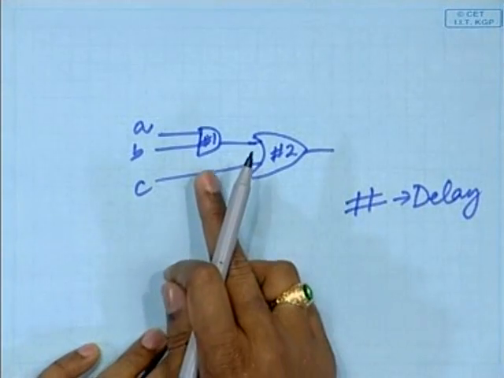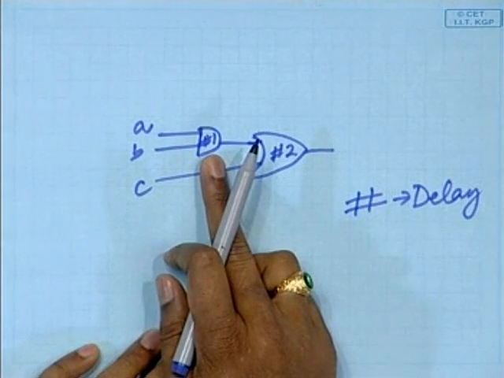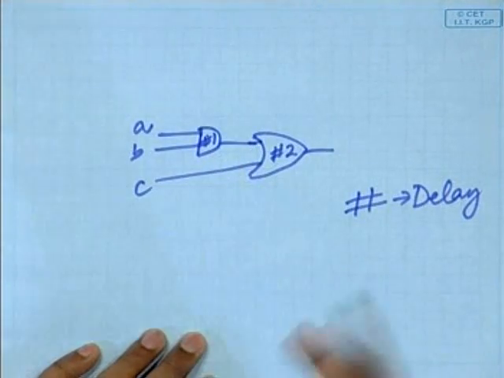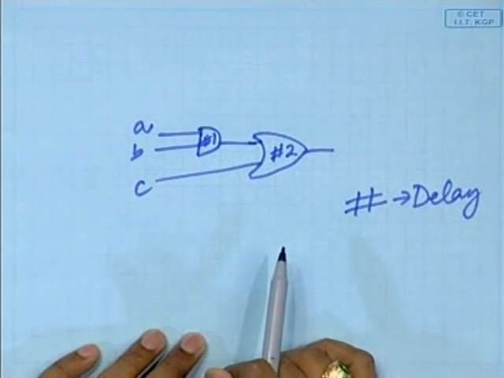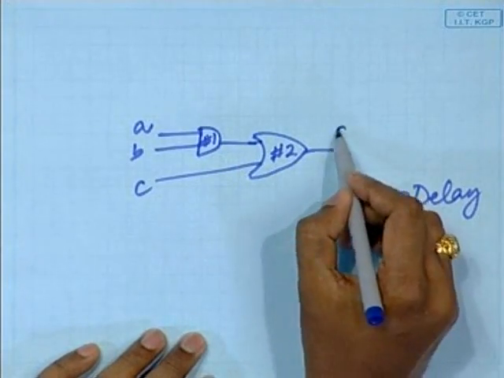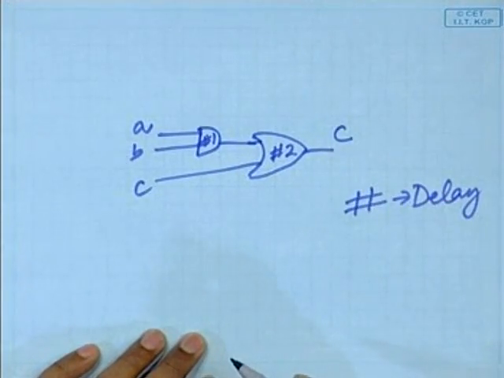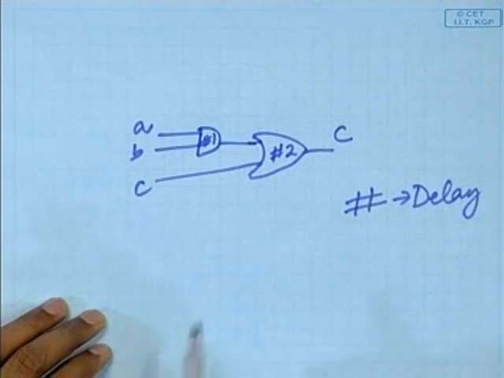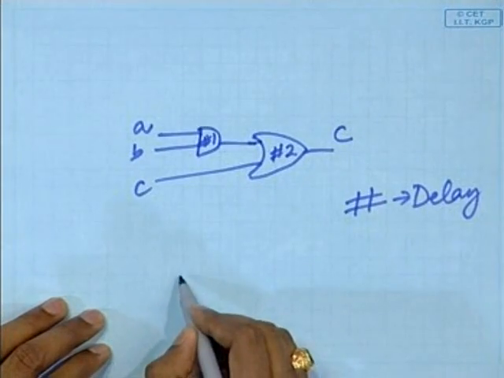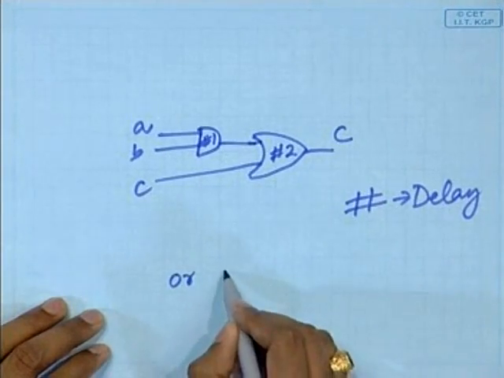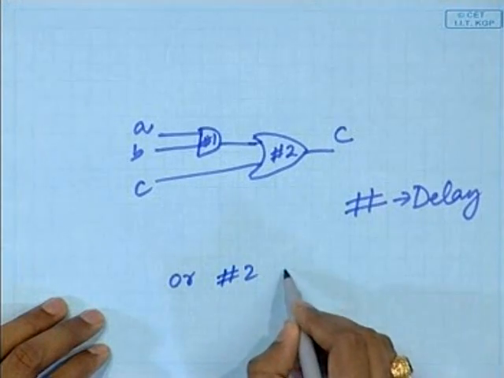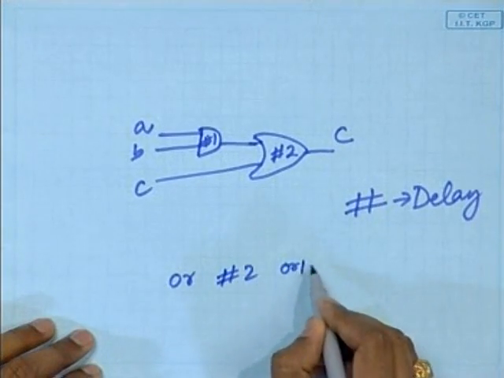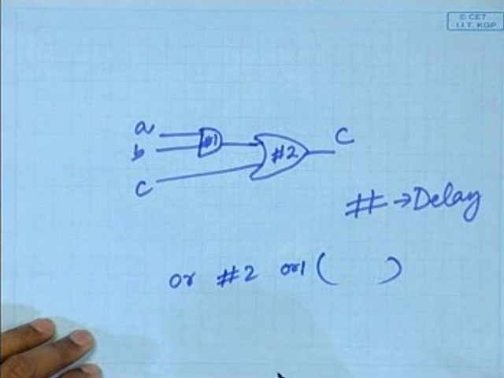Delay of 1. I mean 1 may mean nanosecond or picosecond, that depends upon your unit. So how to model it? For the OR gate, you write the OR gate followed by delay 2 and the instance name, say OR1, and do the port connections.